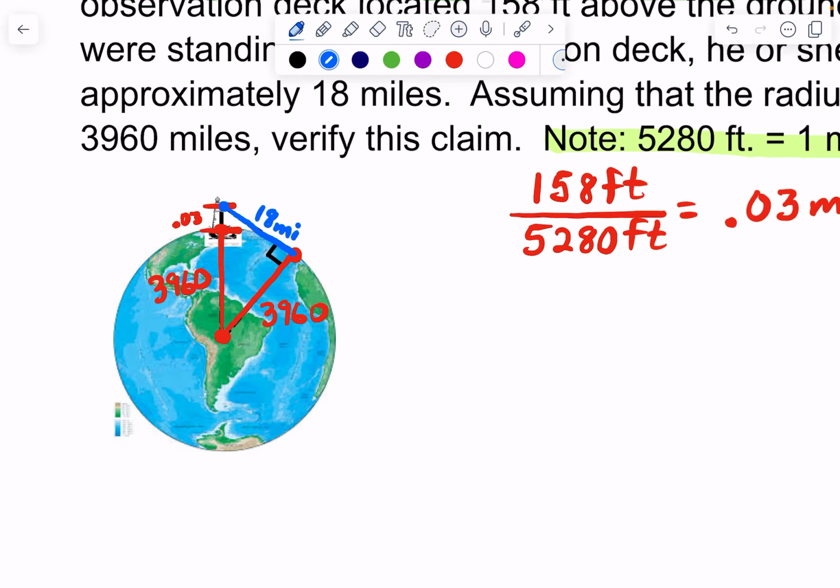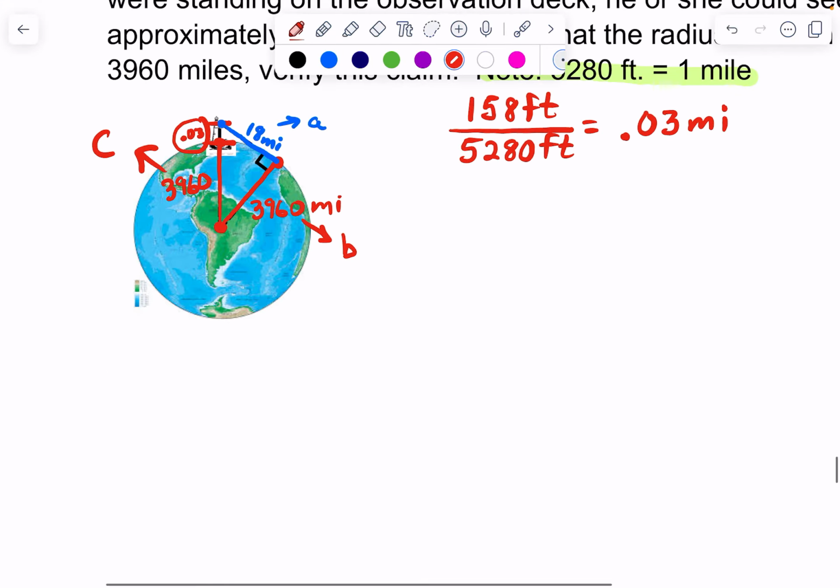So let's prove it. 18 can be called your A. 3,960 miles can be called your B. And 3,960 miles plus the 0.03 miles can be called your C. So let's see if this works.